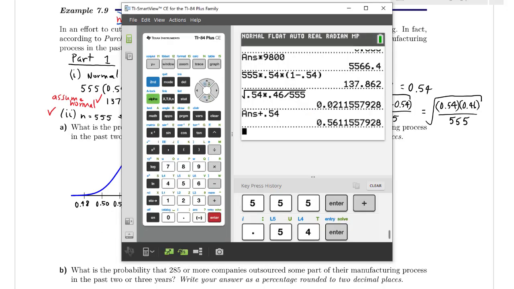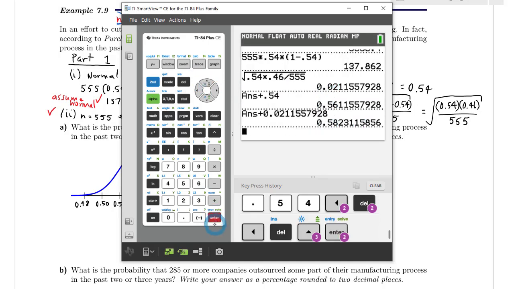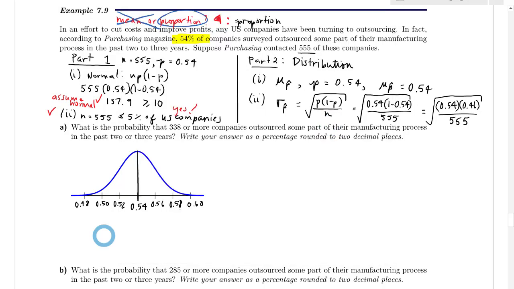And then if I added it one more time, if I added the standard deviation to the 0.56, I get 0.58, and that's how I get that. I demonstrated that in the other video. And so I just go ahead and do it ahead of time, just for the problem to be a little quicker. Okay, now let me write this out.